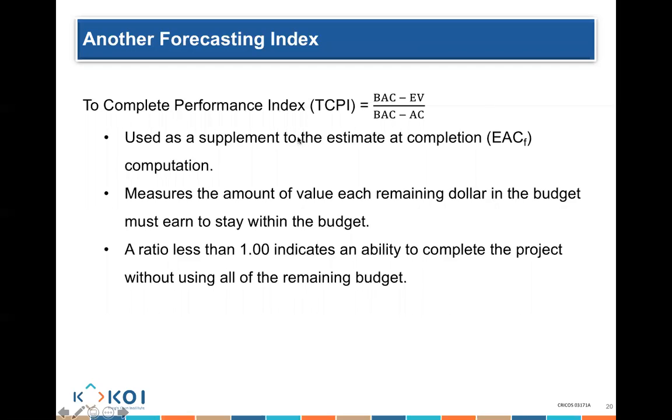The to-complete performance index is used as a supplement to the estimate at completion forecast we have. It measures the amount of value each remaining dollar in the budget must earn to stay on budget. So for the remaining work, you might say, for every dollar I'm spending, I have to earn $2 worth of work.